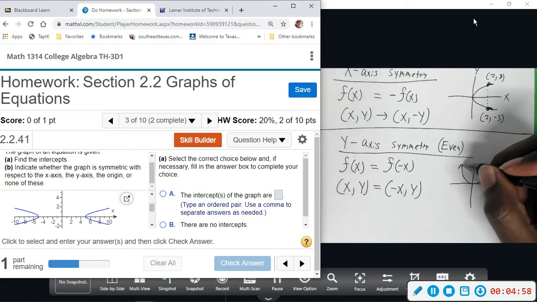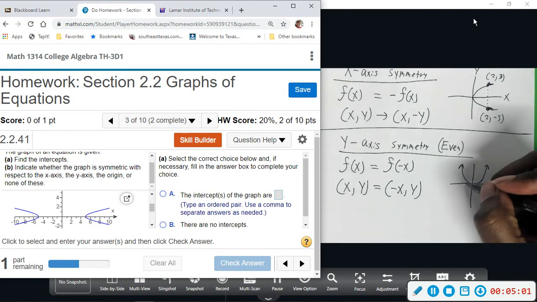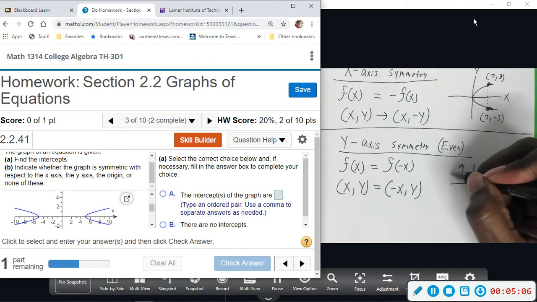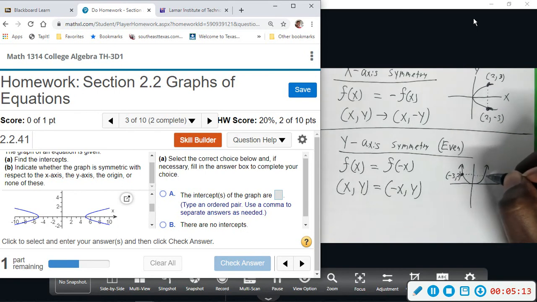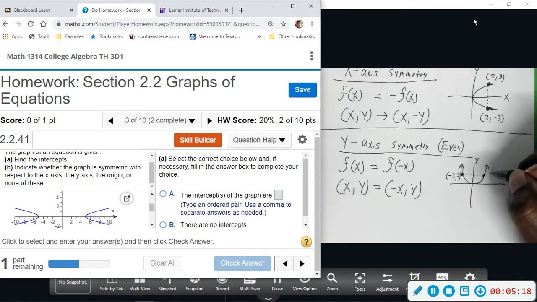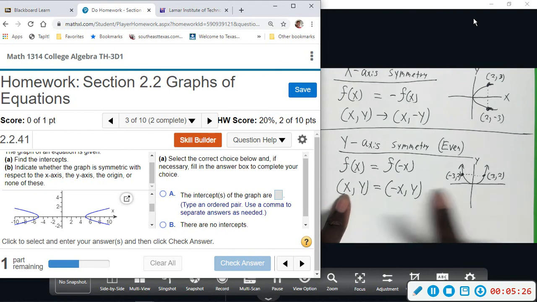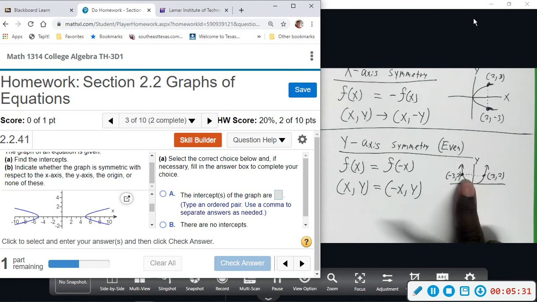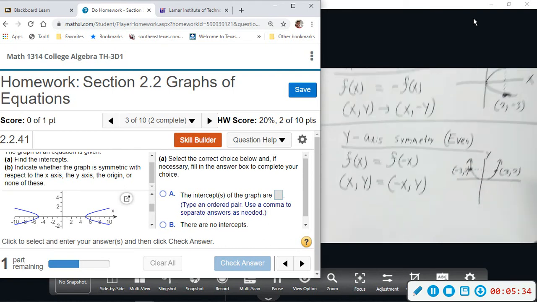Let's say this is the ordered pair negative 3, positive 2. Right across the y-axis this time, we would have the same ordered pair, but this time the x value will be positive 3, 2. So if you take the ordered pair, the y values are the same, the x values are changed from positive to negative. This is y-axis symmetry, otherwise called even.